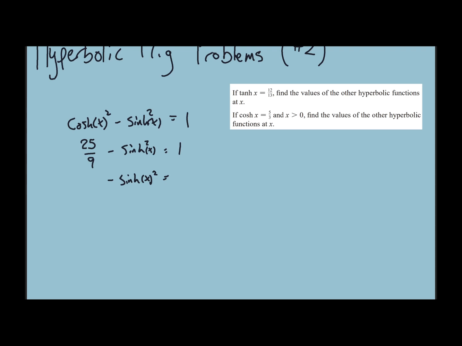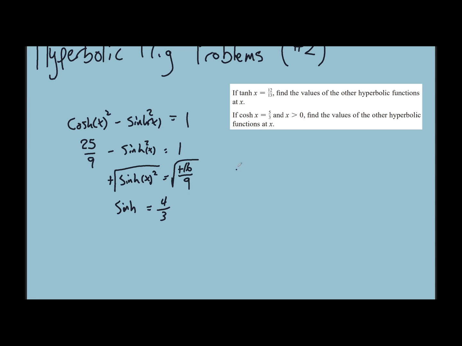Well, what's 25 minus 9? That's 16, so we're going to get negative 16/9. And we'll cross off the negatives here, and we'll take the square root, so we don't get the square root of a negative. So we'll get the hyperbolic sine. It's going to equal 4/3. That makes sense to me.